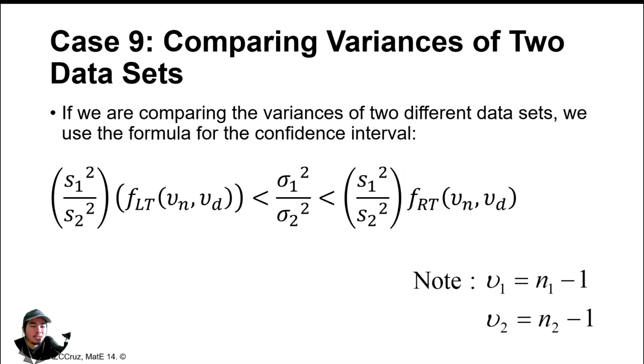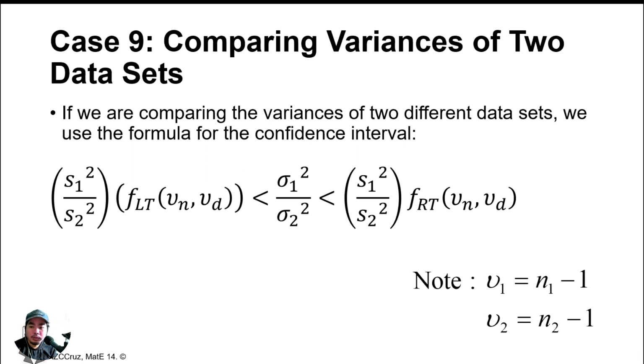Remember that the distribution is not symmetrical around zero, so the interval cannot be plus minus. The comparison for comparing variances is a fraction, so data set 1 is either the numerator or the denominator. That's how it is compared. Okay?